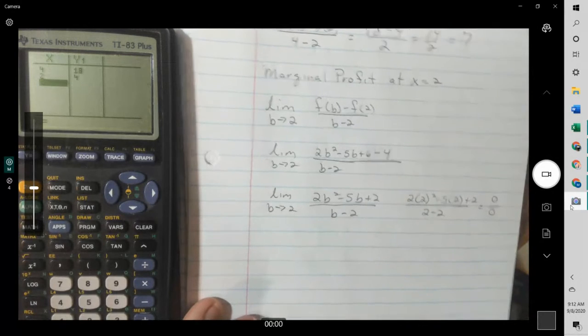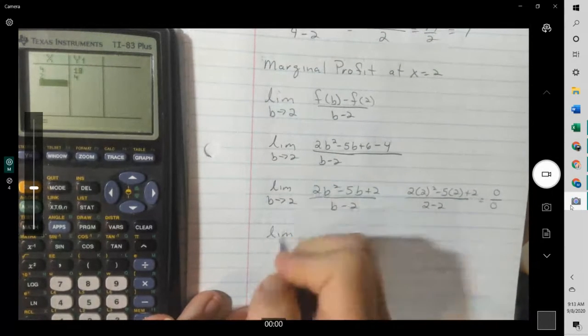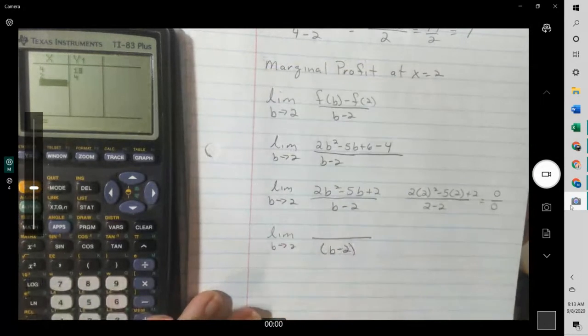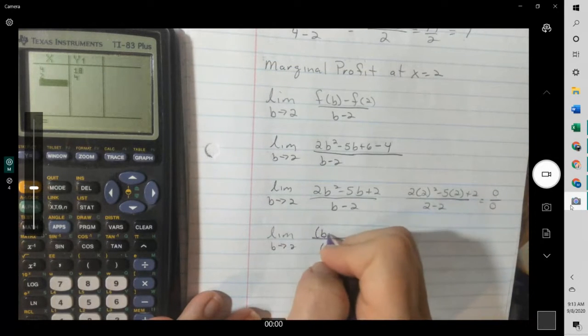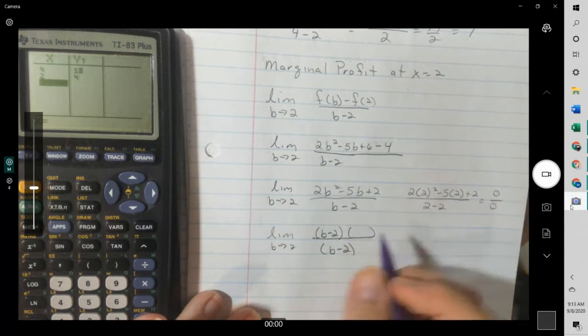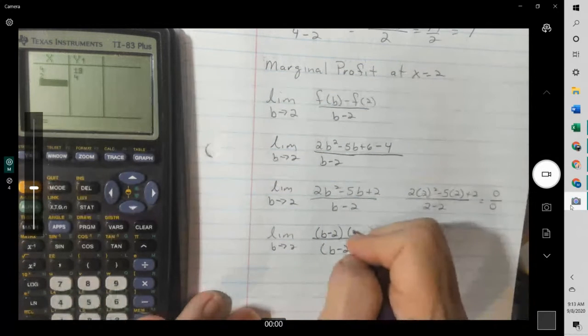That means there's a common factor. This one's not as easy to factor, though, with the number in front. But because we got 0 over 0, we know that that denominator is also a factor in the numerator. So b times what will give me 2b squared?